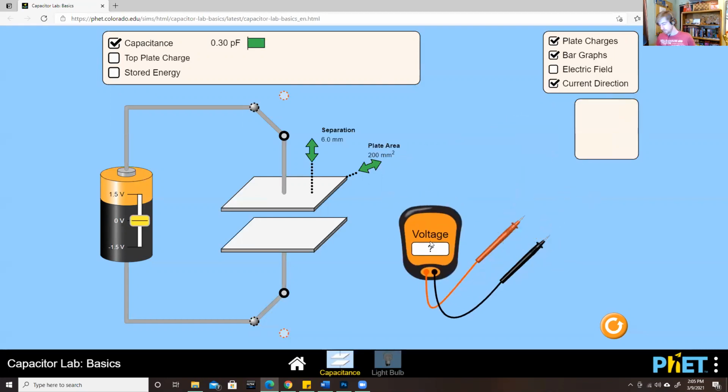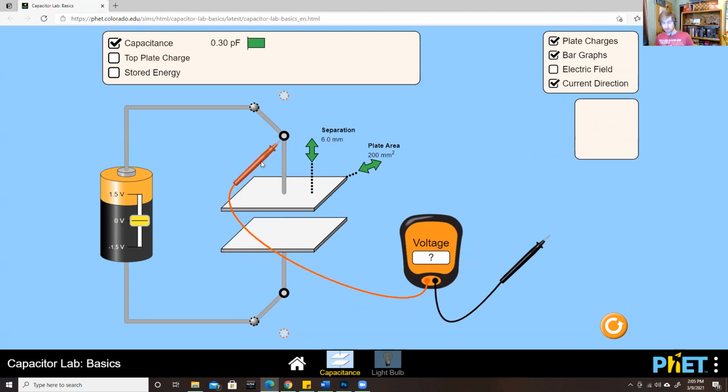We have a way to measure voltage. We should know how to do that by now. We need to measure across something. So let me describe. This is the capacitor right in the middle, these two large plates that are separated by some distance.